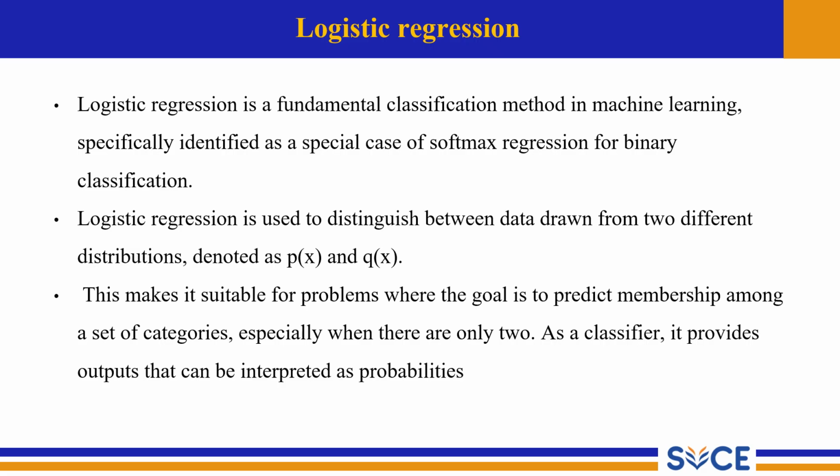In this, we consider the underlying data distributions denoted by P of x and Q of x, and logistic regression serves as a statistical tool for determining from which of these two distributions a particular observation is likely to have originated. This approach proves especially powerful when the goal is not merely to classify but to do so in a probabilistic, interpretable manner.